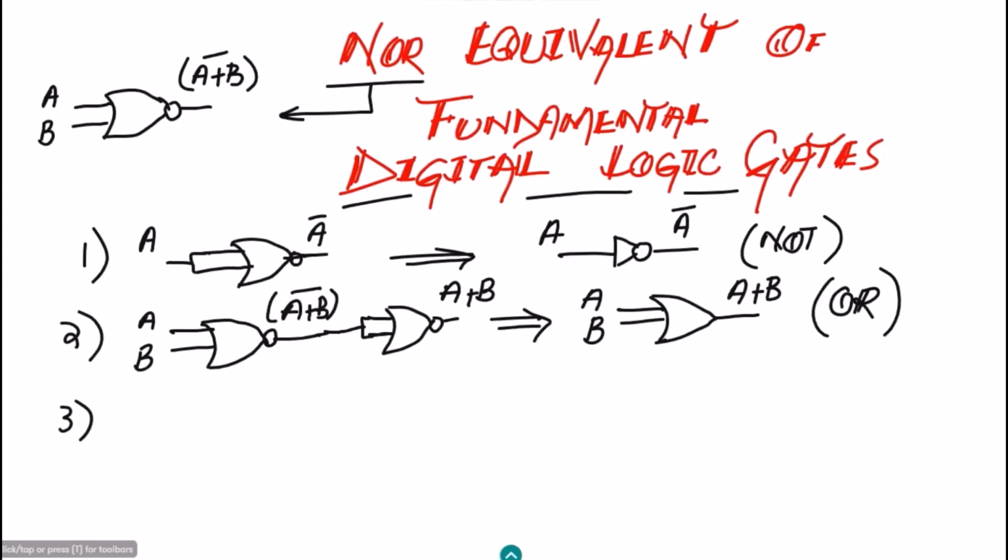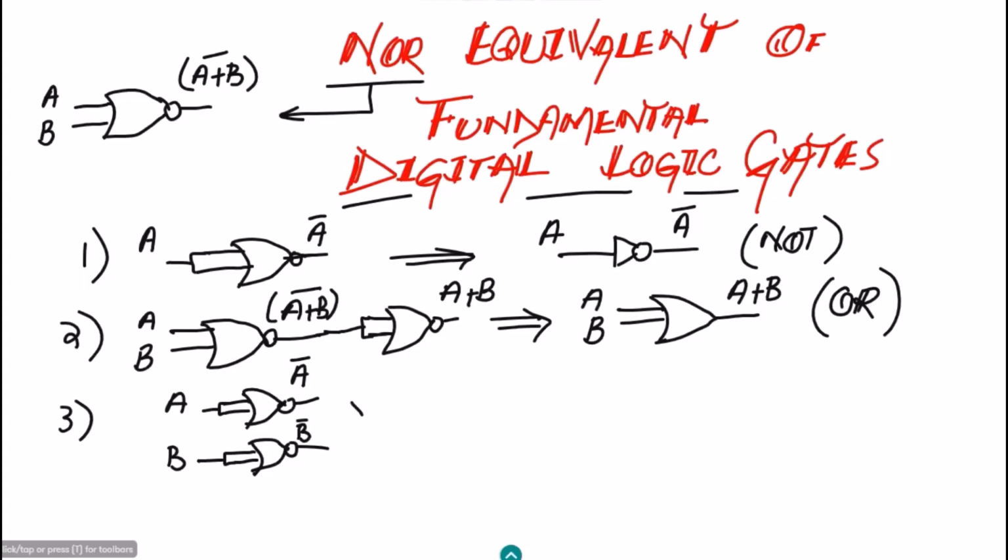In the third part of it, let me have two NOR gates. This is the first NOR gate. Let me have another NOR gate. To these we have the inputs. Let me short them down. At the first I have A, at the second I have B. At the output of the first I will get A complement, at the output of the second I will get B complement.